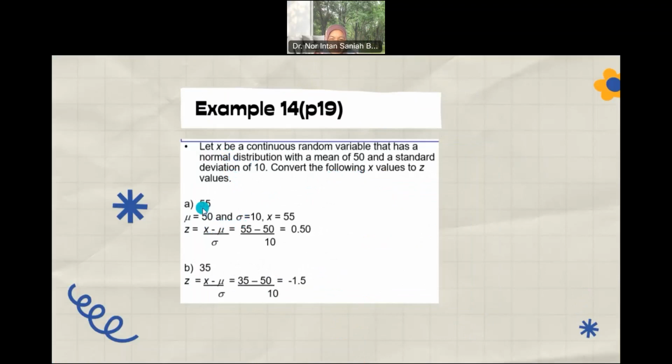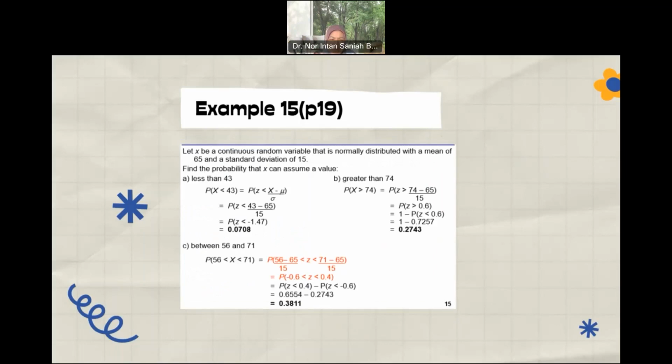It gives it here, so it just asks you to find the Z value. The 0.5 you can find in the standard normal table. So this one gets negative 1.5. Then usually you have to use the table, which is also at the end of the chapter. So this one you still have to obtain this value.